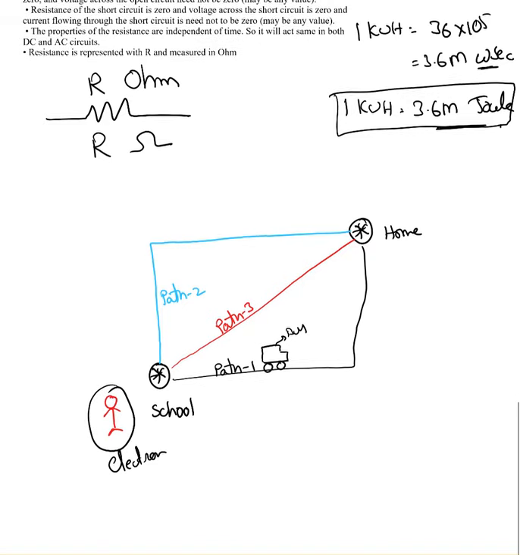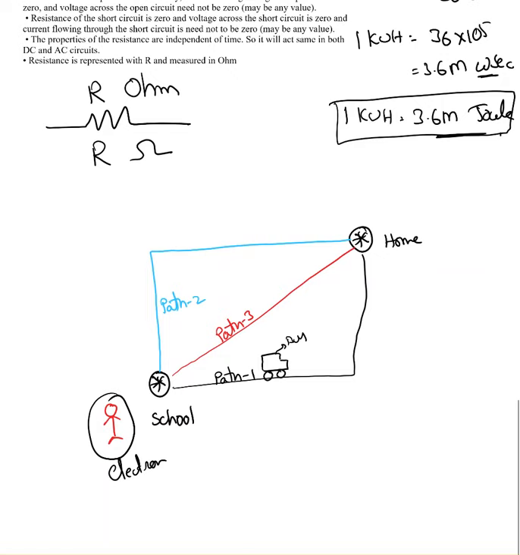When you're waiting for the bus, you're not going to stand still like a statue. You'll keep roaming around, but the final displacement is almost zero. That's the reason there is no current.